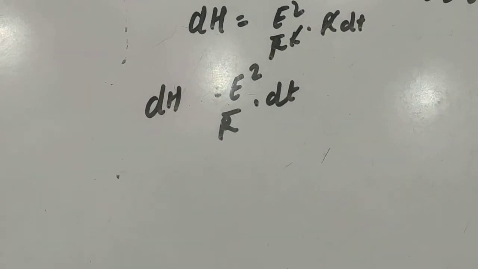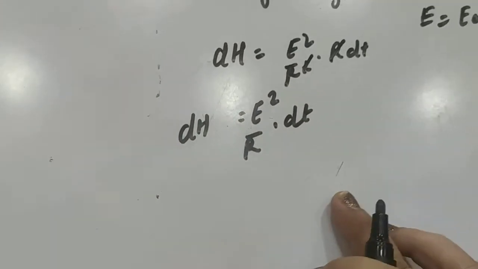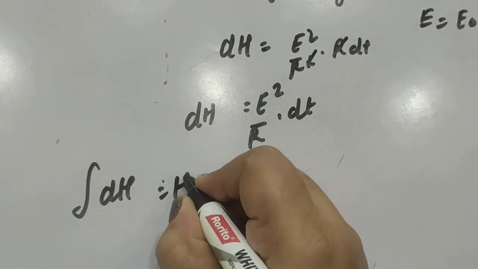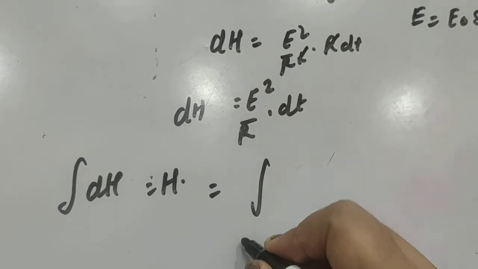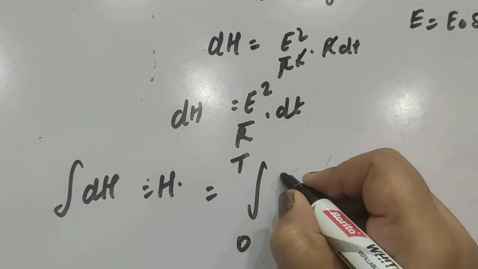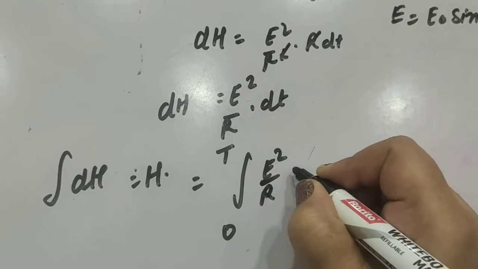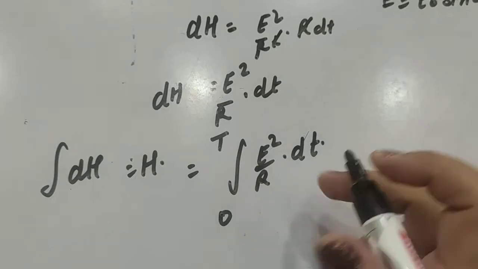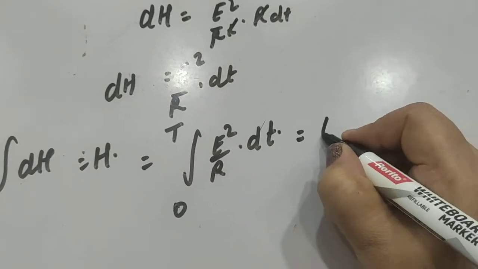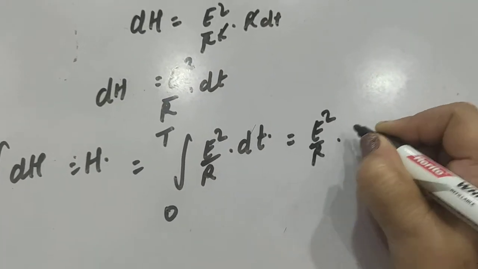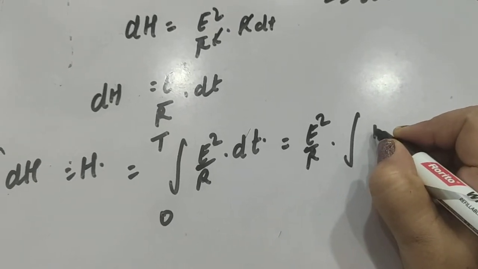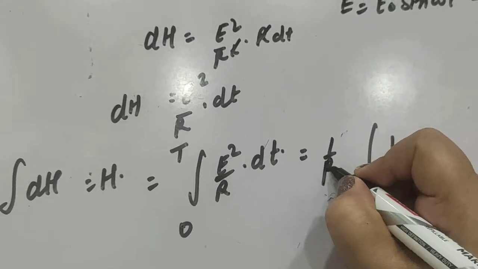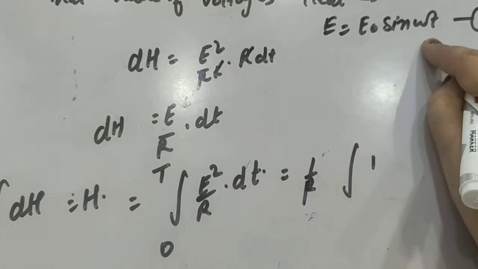Now the total amount of heat generated during the whole cycle will be calculated by integrating dH, which is H, equal to the integral from 0 to T of E square by R into dt. R is constant, so we take it out, but E is a varying value, E naught sine omega t.